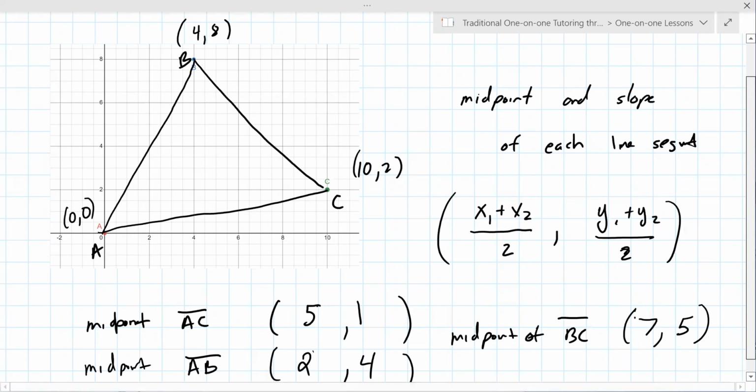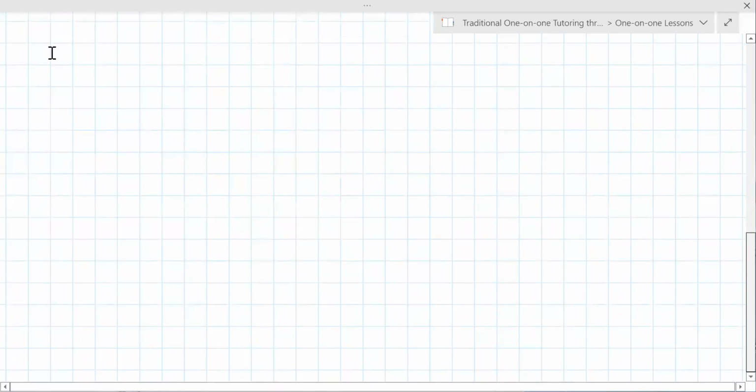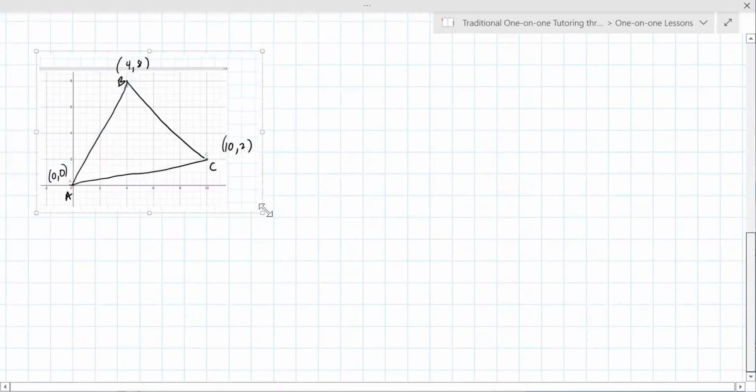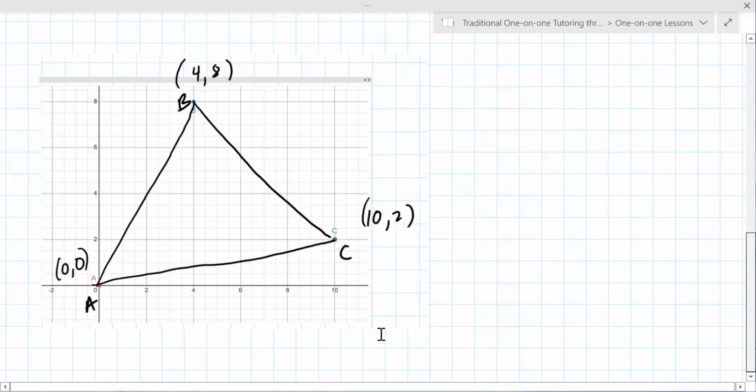The next thing we're going to find is the slope between 2 points. Okay, so let's start again here. And the slope formula is, do you remember?